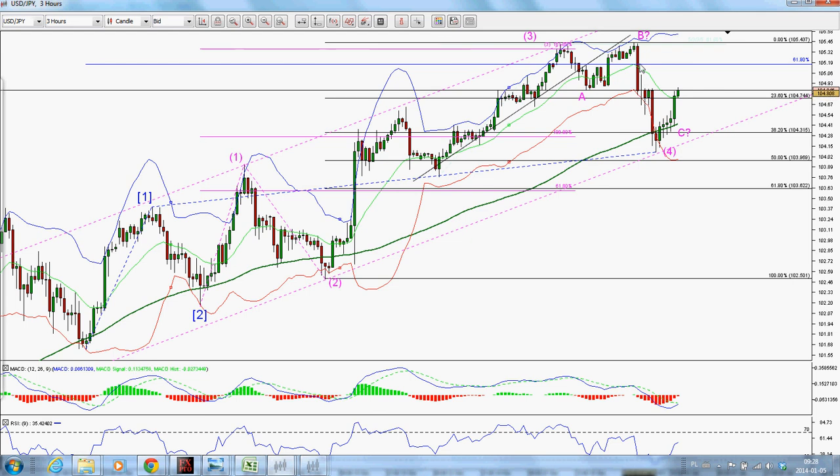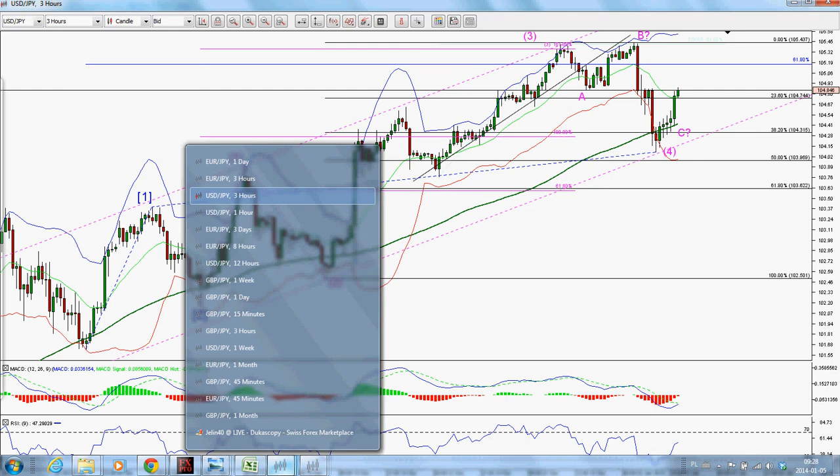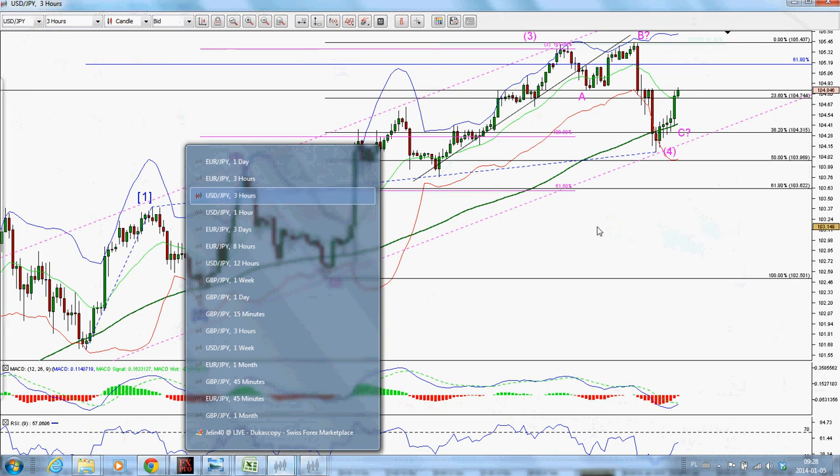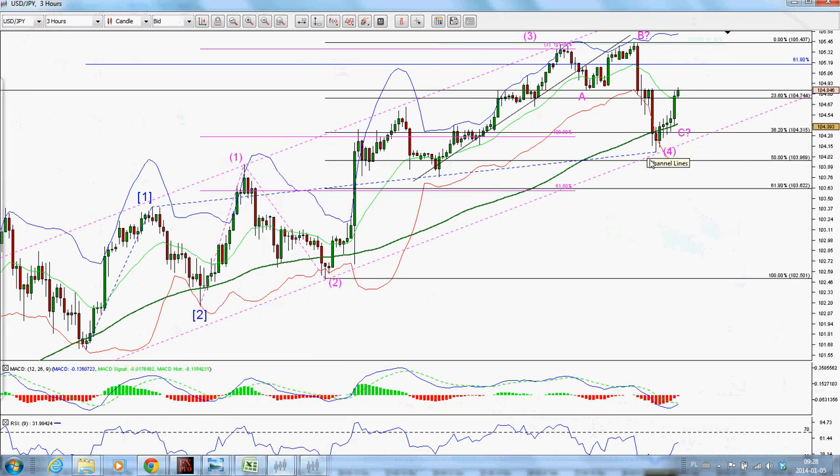What I will check once again is whether this downward move has developed, I mean, not only reaching the lower boundary channel line, but also developing correctly internally.